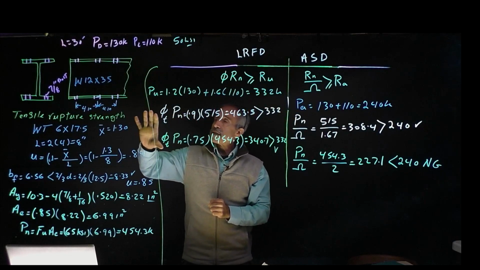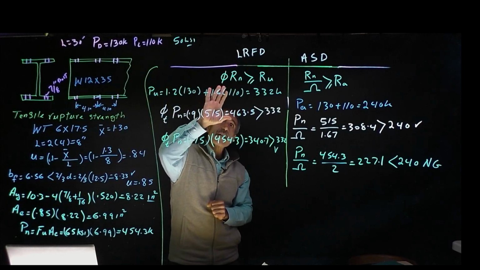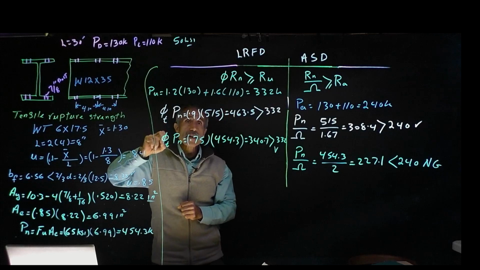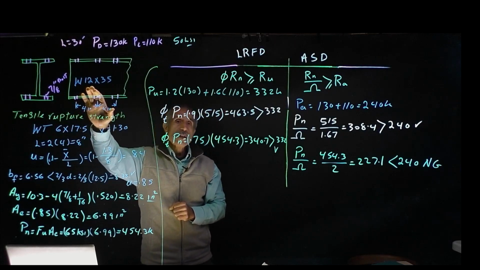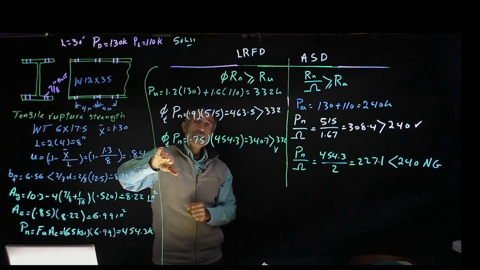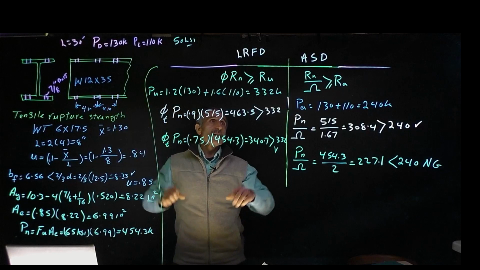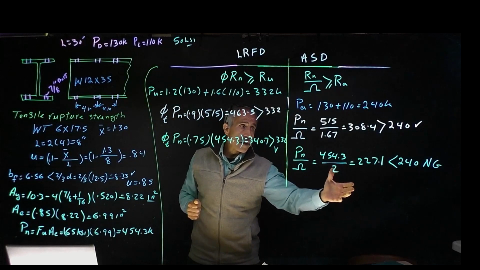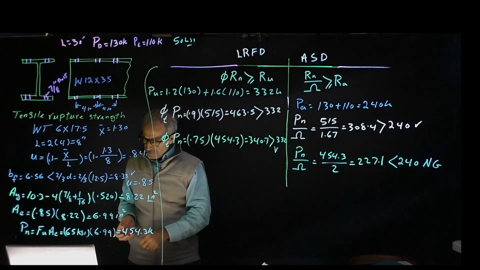Exactly this problem said that. We did this using LRFD, load and resistance factor design. We selected the W12 by 35 and it checked out fine. Now, using the same size, if you check allowable stress design, it is not going to be fine. So you've got to pick up the size, make it a bigger member.